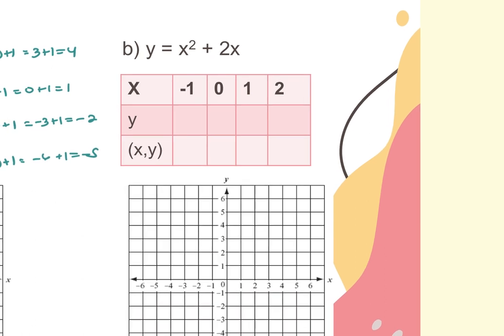All right, so if I plug in the -1, the 0, the 1, and the 2.